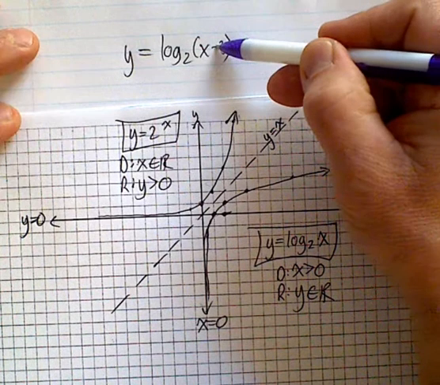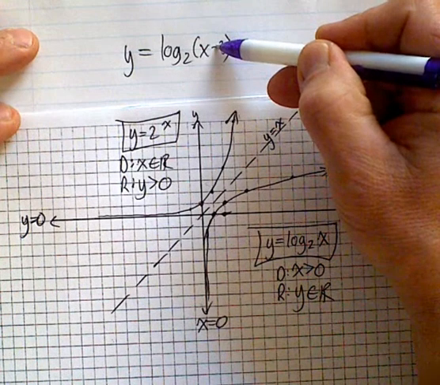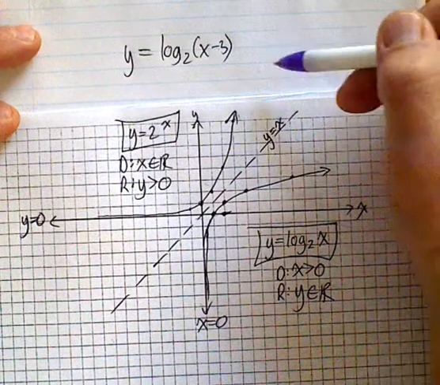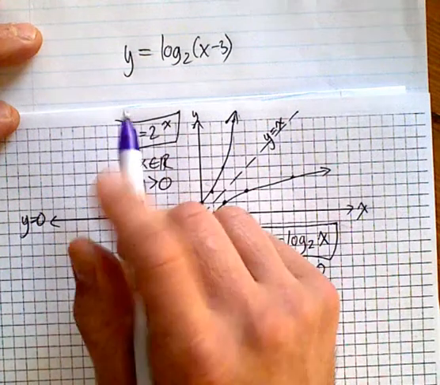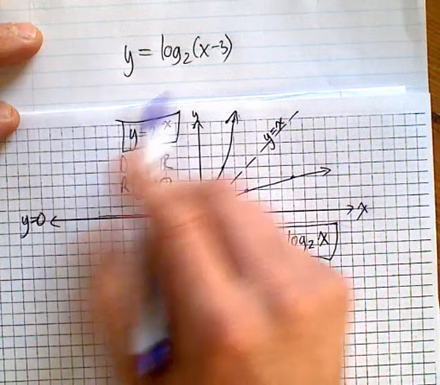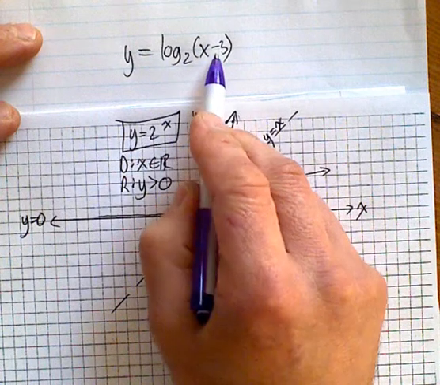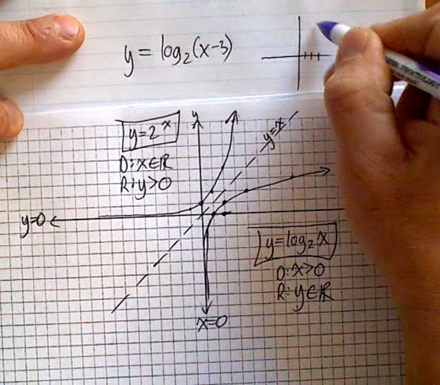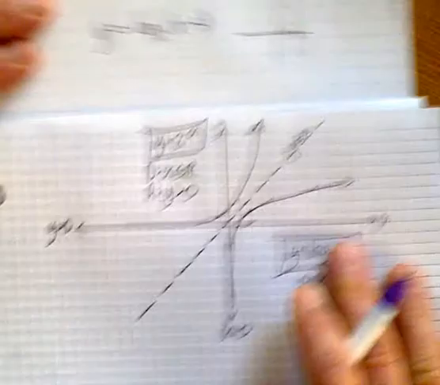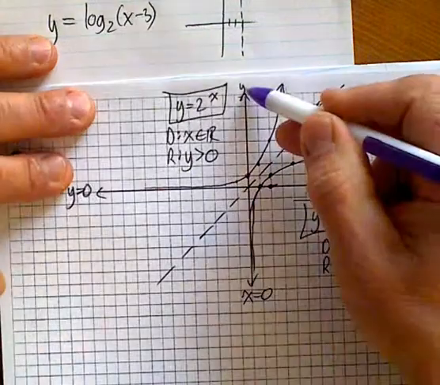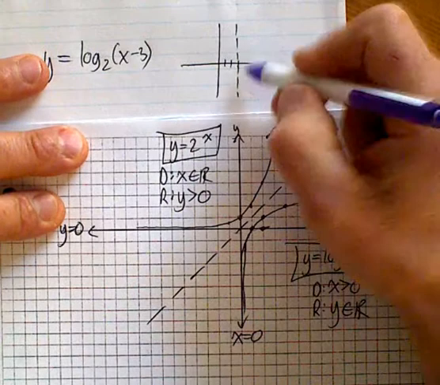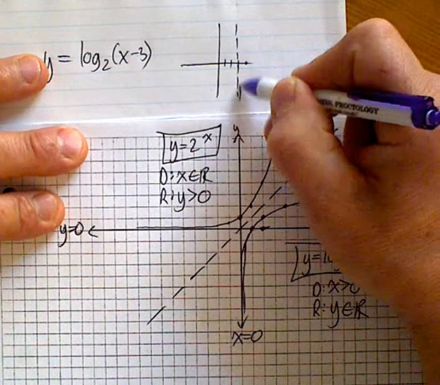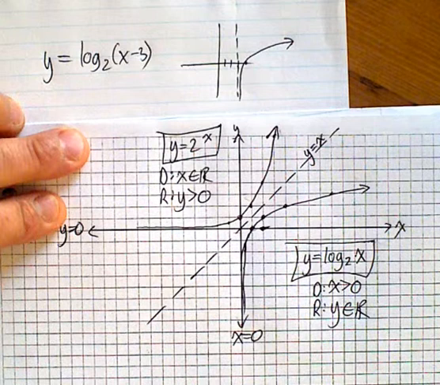You've got a minus 3 on the x. It's working directly on the x, which means it's a horizontal shift of some sort, right? Like we've known before in the past, this means that it's gone right 3. So what happens is that your vertical asymptote goes right 3. Boom. So now this is my vertical asymptote. It comes down, it goes through 1, 0. There's your log function. Okay?